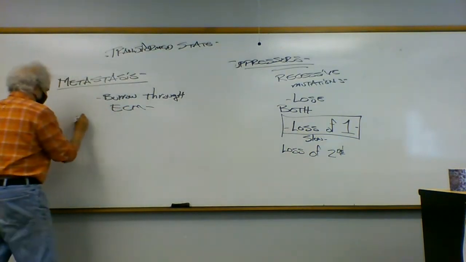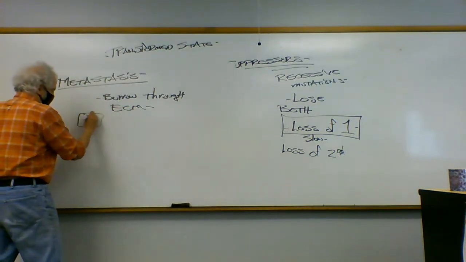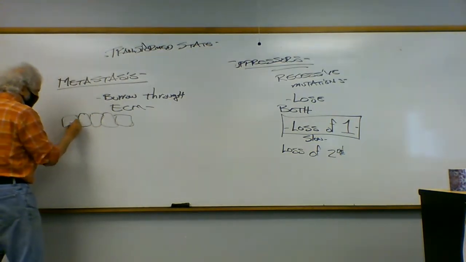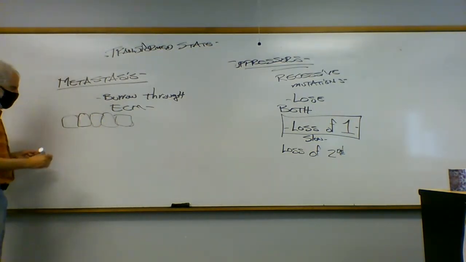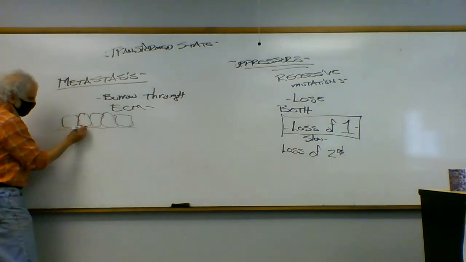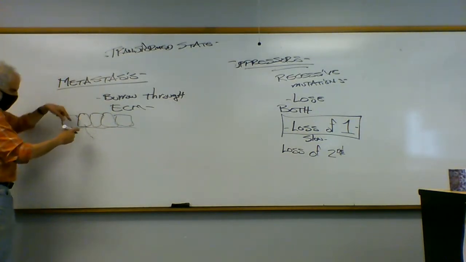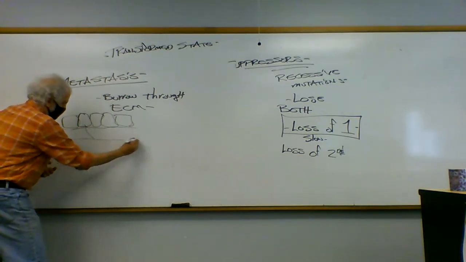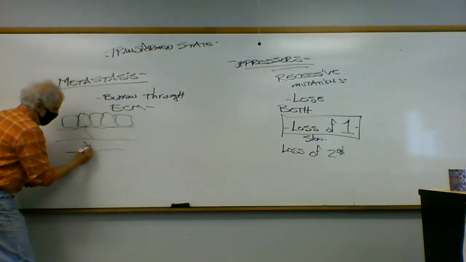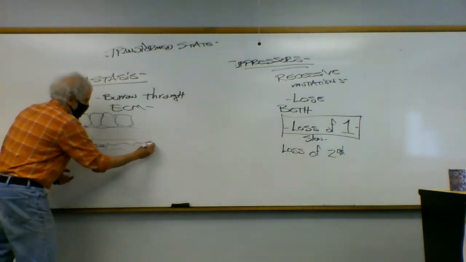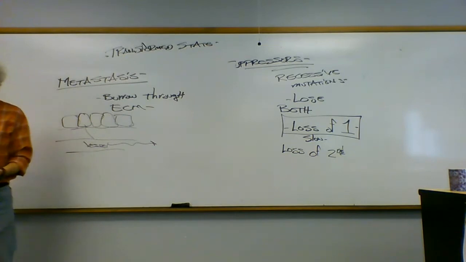So you have an epithelial sheet, and one of these guys is transformed. They actually can physically begin to move through and invade, burrow into the extracellular matrix and make their way into a lymph node or a blood vessel where they can then go to another site.